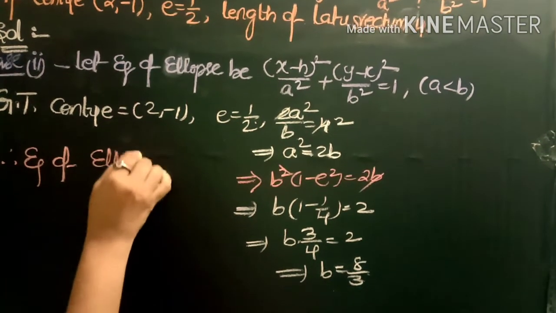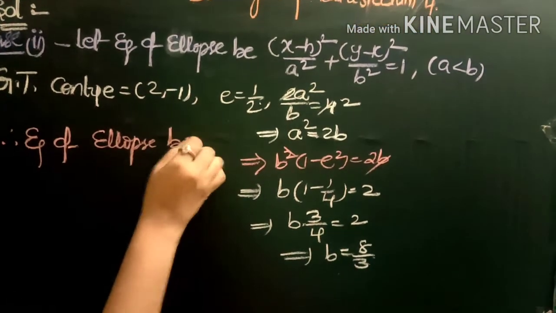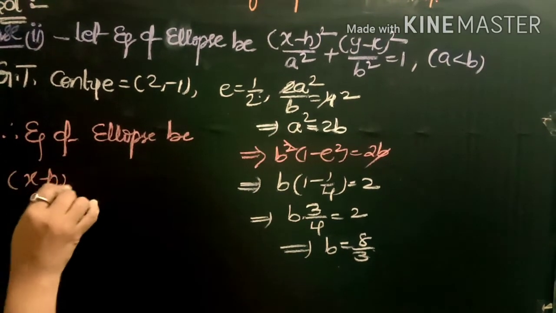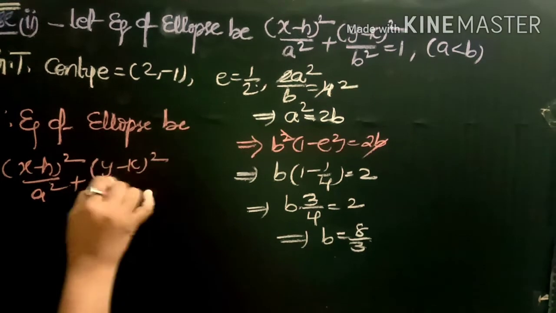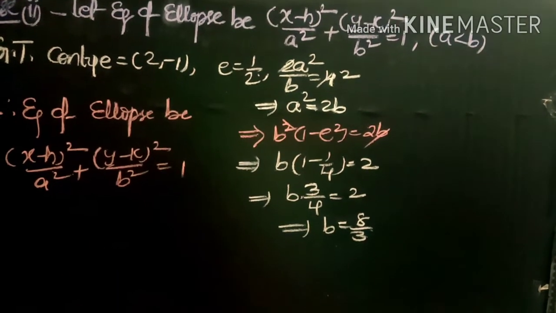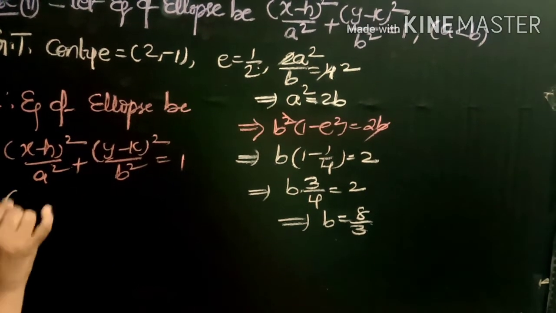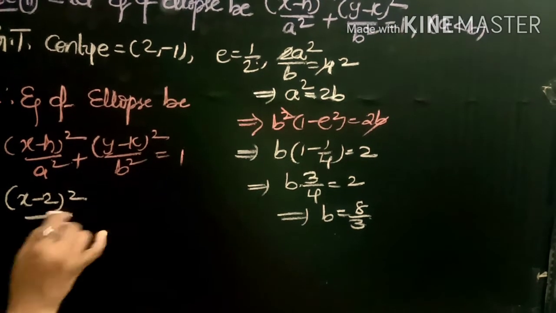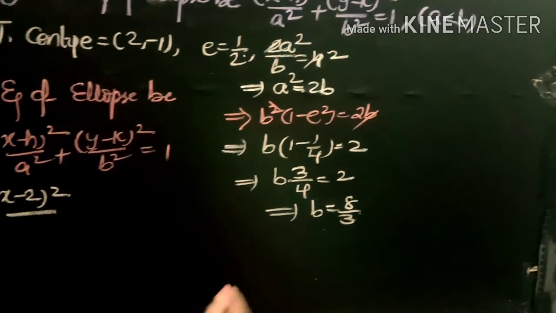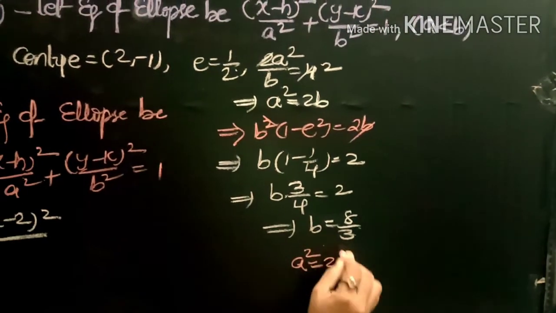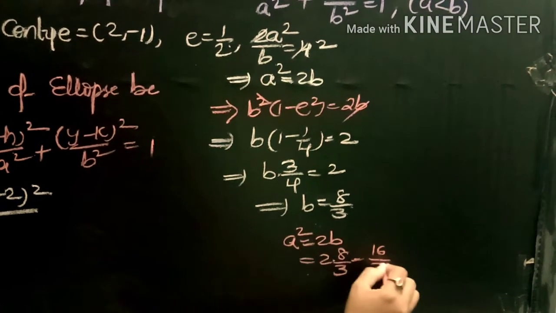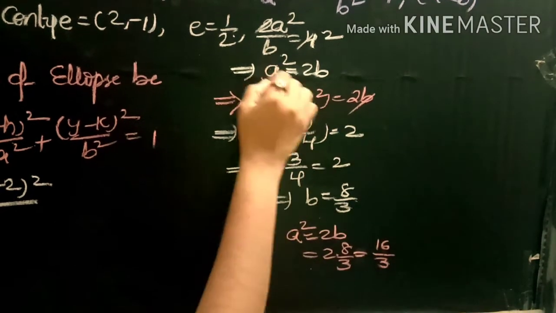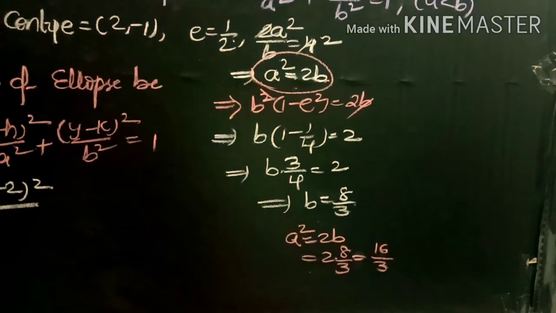Therefore the equation of the ellipse is (x minus h) whole square by a square plus (y minus k) whole square by b square is equal to 1. That is (x minus 2) whole square by, here a square is equal to 2b, that is 2 into 8 by 3 equals 16 by 3. The formula here is a square is equal to 2b, that is 16 by 3.